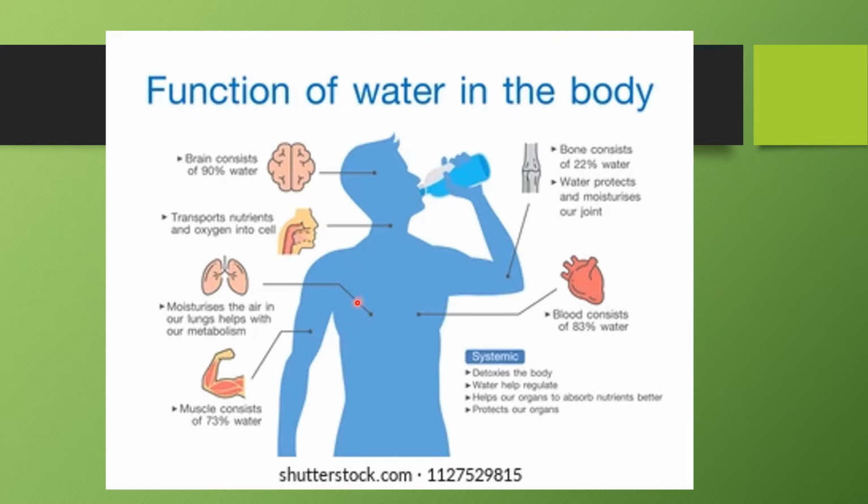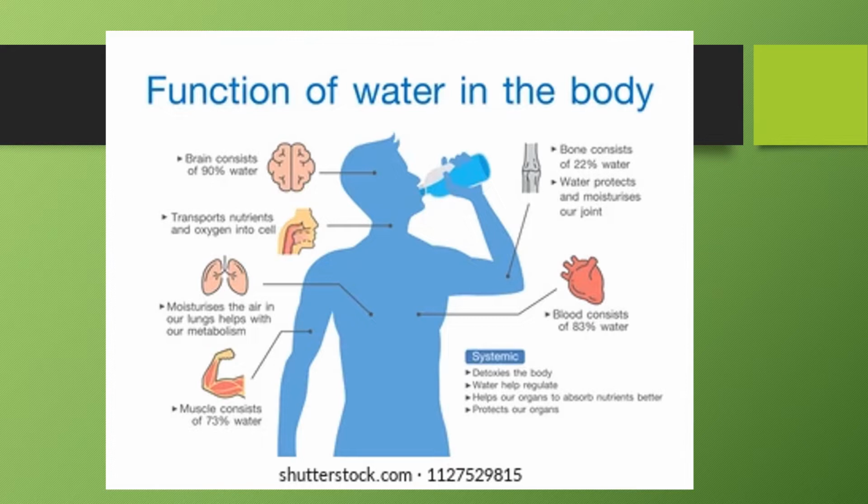For example, the brain consumes 90% water to function properly. Not only the brain, but also the heart, lungs, the GI system for transporting food materials and digestion, muscle and bone, everything needs fluid balance to function properly.